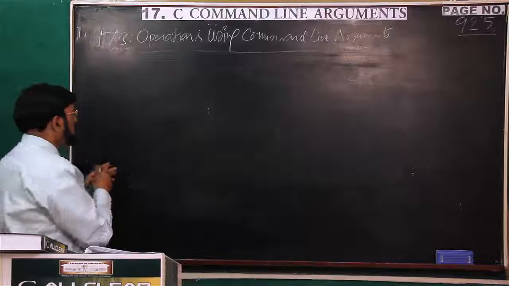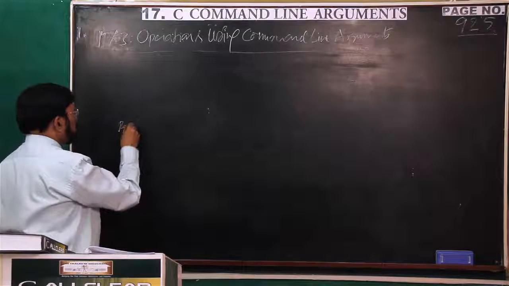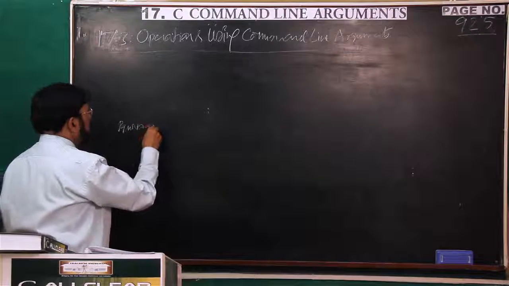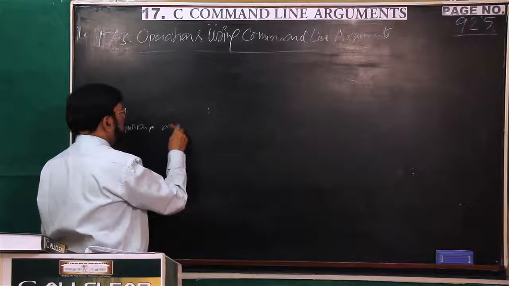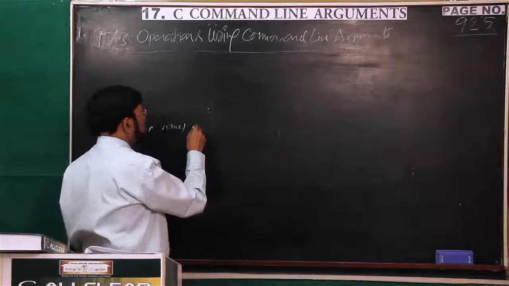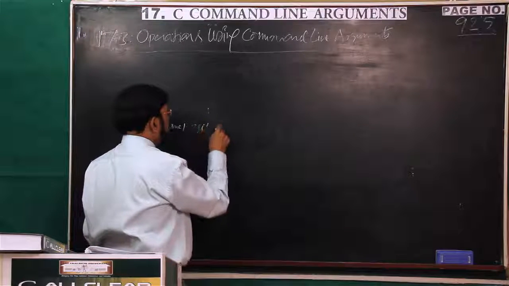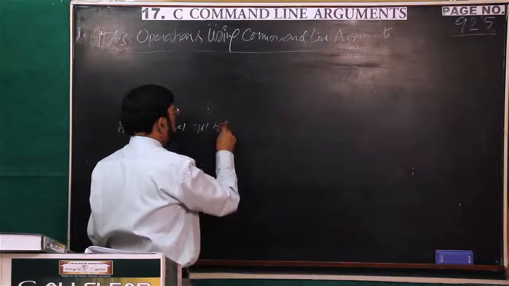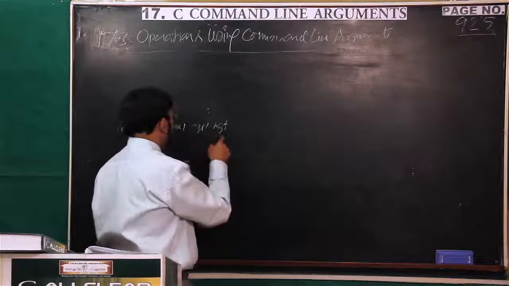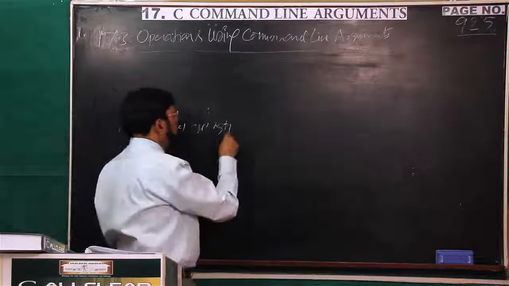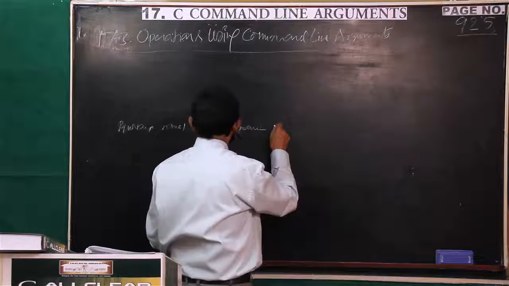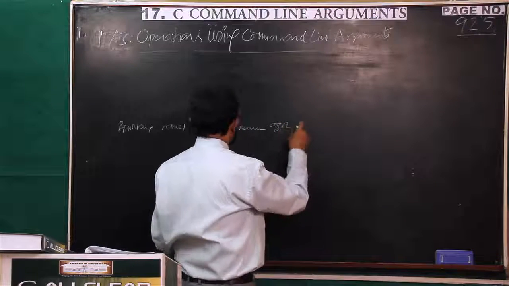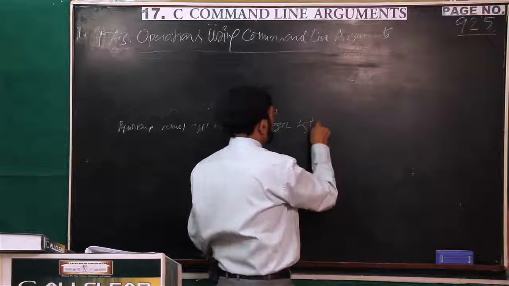So think: the first one is the program's name. Second one is the first person's name 1, second one age 1, third one height 1. Next, name 2, age 2, height 2.